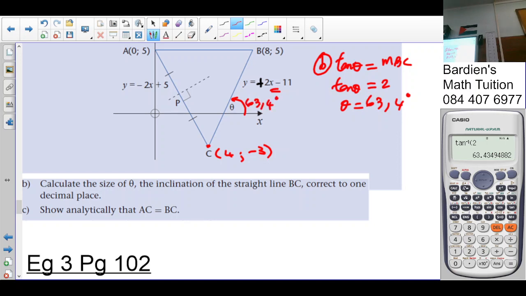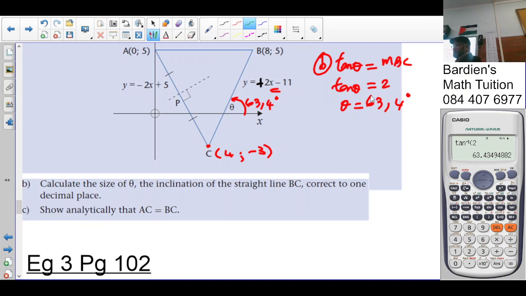The next question says, show analytically that AC is equal to BC. If it says show it analytically, that means I must use the distance, or the gradients, or the midpoints, or things like that. You guys understand? So, what are they referring to if they say AC is equal to BC?